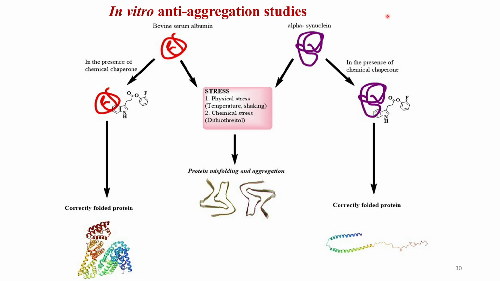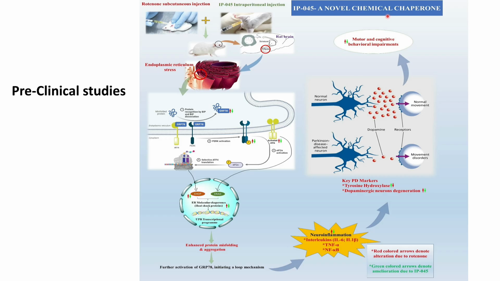So, it is not only impacting alpha synuclein or amyloid beta. We can also study them on any other protein. We can take BSA, induce aggregation in it and test whether our molecule is inhibiting the aggregation or not. So, this is in vitro studies, and after that we take it to the animal.